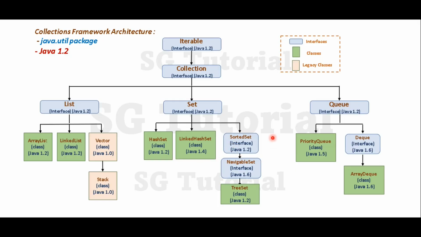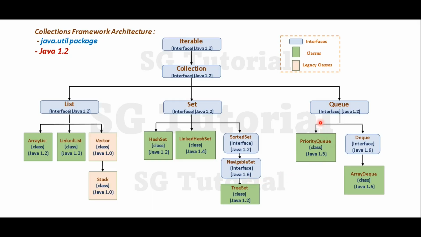And SortedSet is an interface, not a class, that keeps elements in a sorted order, and it was introduced in Java 1.2. And NavigableSet is also an interface which extends the SortedSet interface. And TreeSet is the implementation class of the NavigableSet interface. That means TreeSet implements the NavigableSet interface.